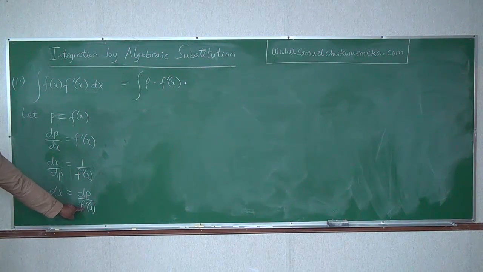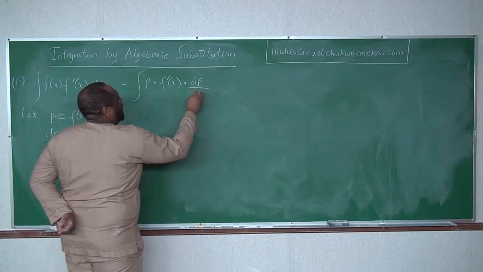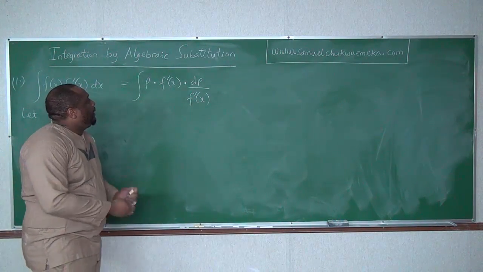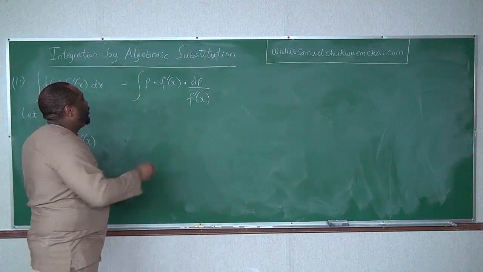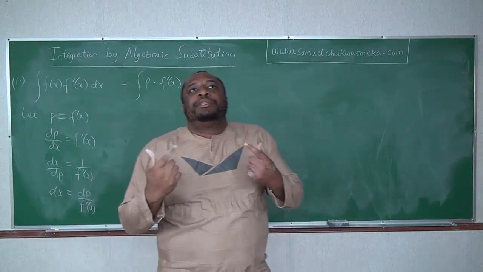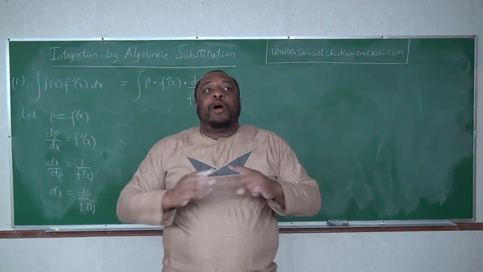Our dx is dp over f prime of x. So times dp over f prime of x. Now we have this, we cross out, because when you do algebraic substitution, you are doing it so that something will cross out.